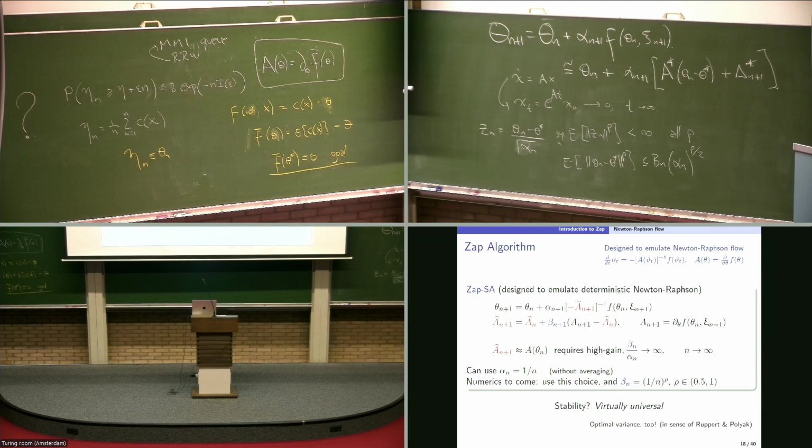That's right. I could spend half an hour on this slide. I'm trying to approximate that ODE. And if I had access, if somebody gave me that matrix function, I would just cram it in there and write A of theta n inverse.